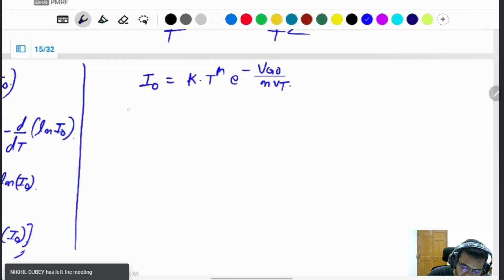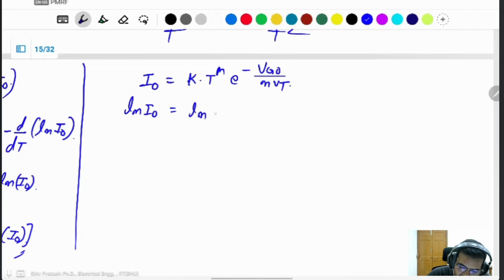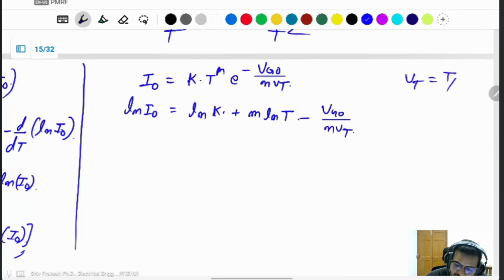Then you can take log on both sides. Then you can take ln of K plus m ln of T minus VGO divided by n Vt, and Vt is T divided by 11,600.